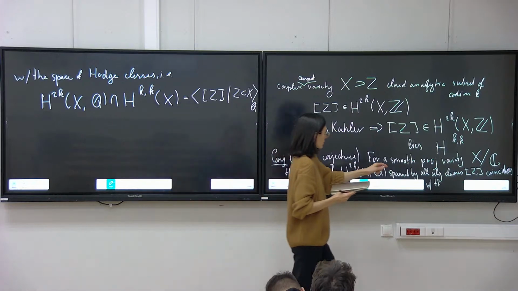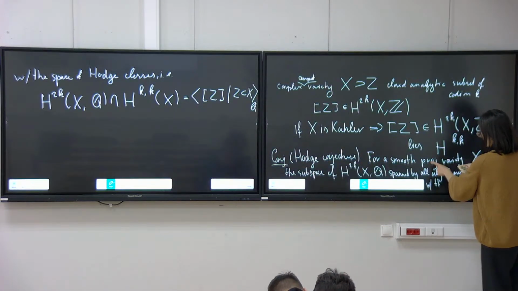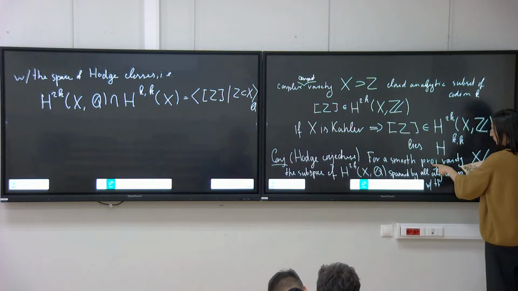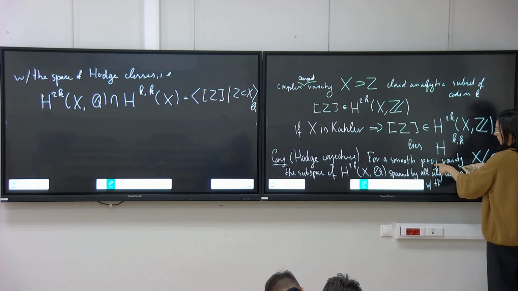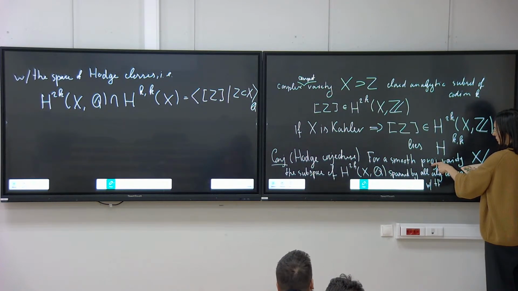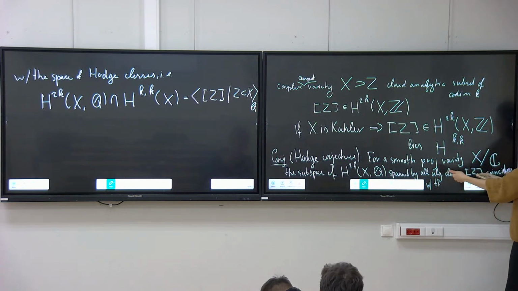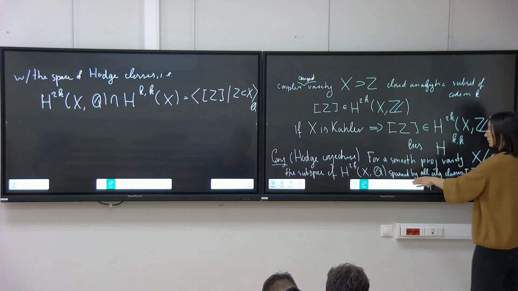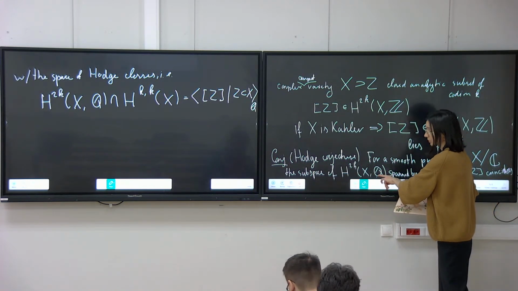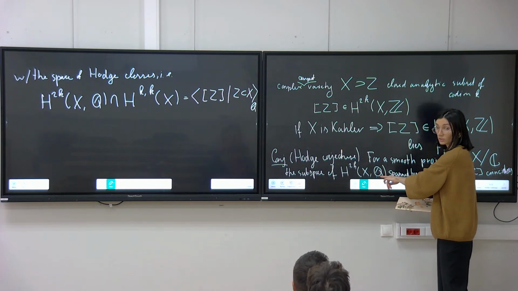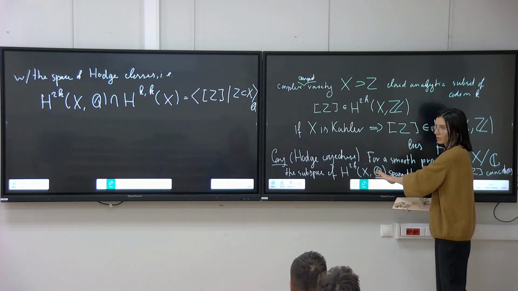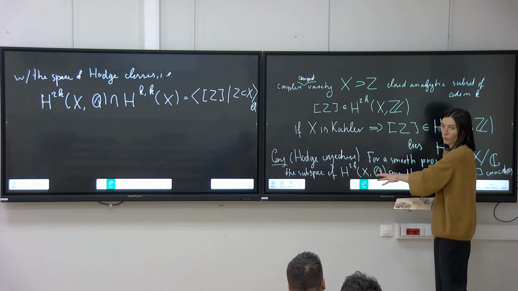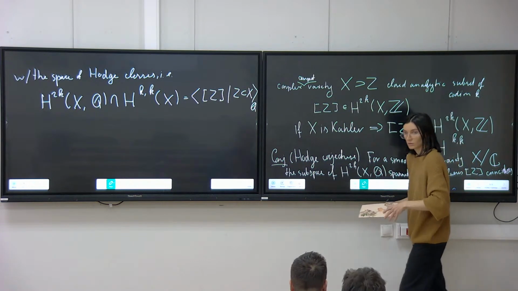Maybe some comments here. It's important that the variety is projective. So for Kähler varieties, it doesn't work, and it's possible to construct examples even in complex tori. So it's possible to consider a complex torus such that the Hodge conjecture fails. And here it's important that we consider rational coefficients. For integral coefficients, it fails. But I can't very briefly explain why. It's more subtle.